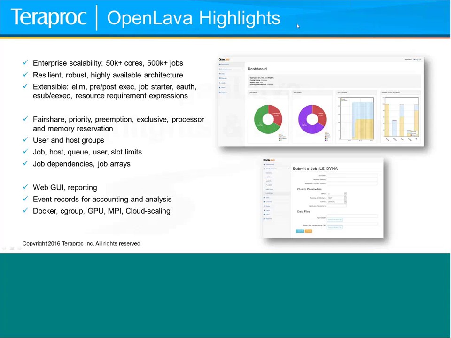The other thing, which is also very critical and we get asked a lot, is about the event records, the accounting, because a lot of folks have built additional solutions around their LSF environment for accounting and event monitoring. Those data are also supported in OpenLava, and therefore again you can reuse some of your existing tools.